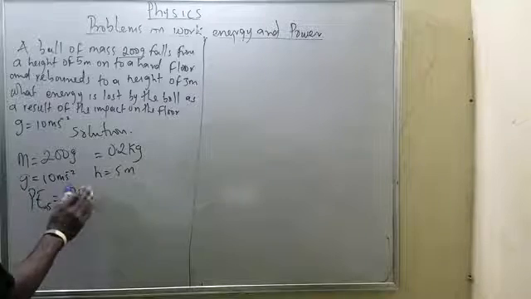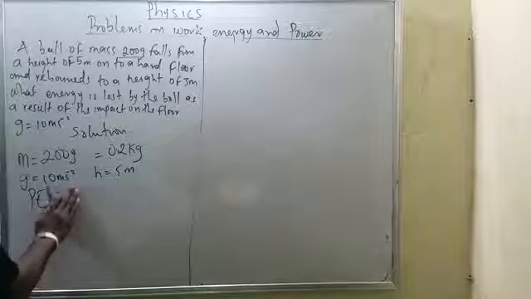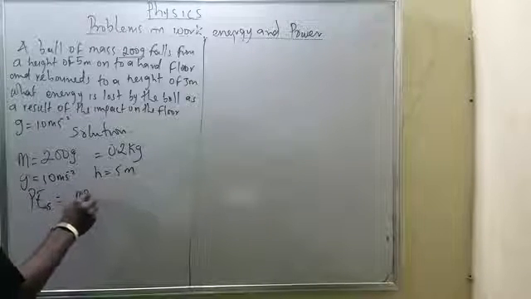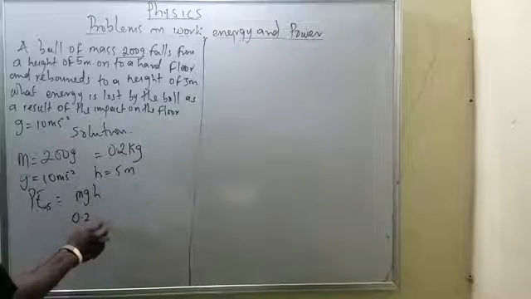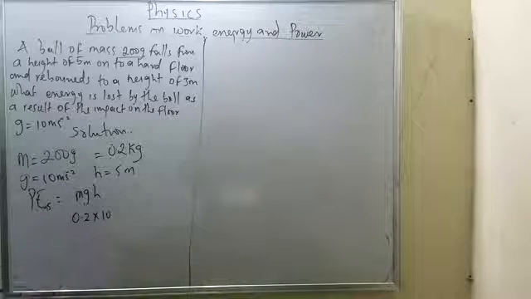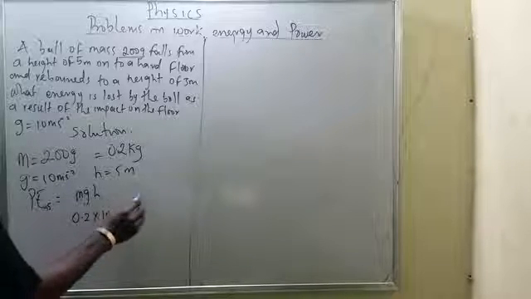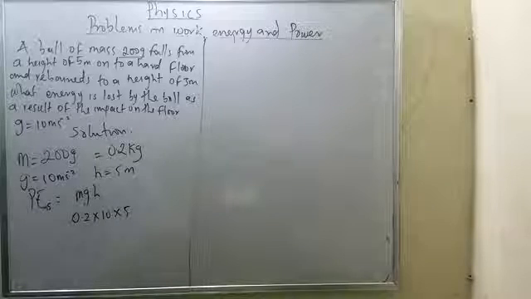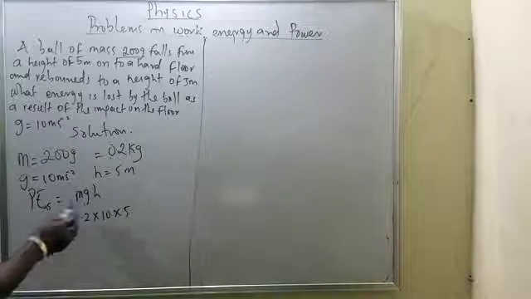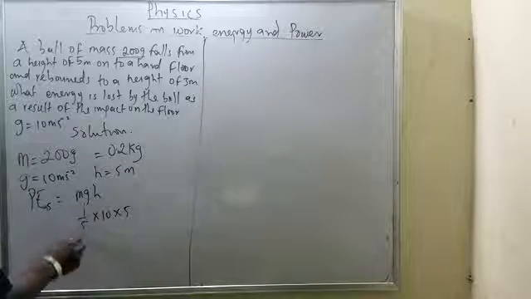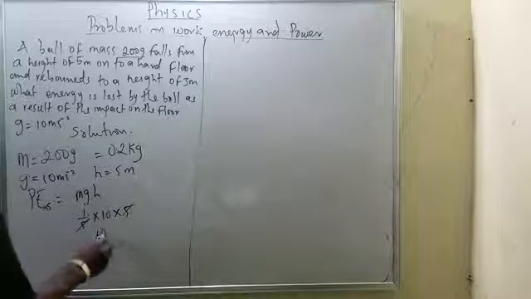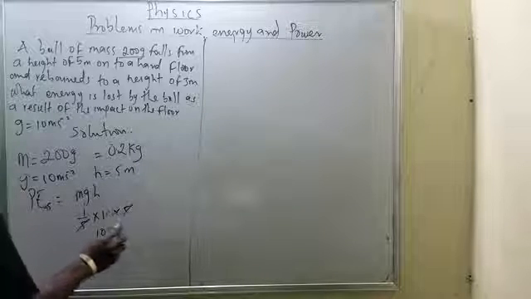PE of 5 equals mgh, which is 0.2 multiplied by 10 multiplied by 5. Hope you know that 0.2 is a fraction. I can turn it to 1 over 5. This will cancel this. Now I'll be having 10 joule. That is 10 joule.